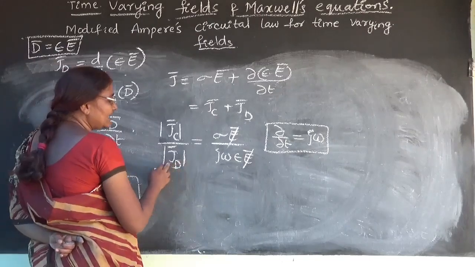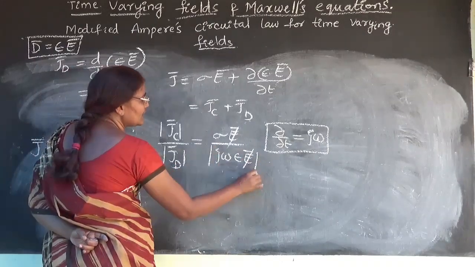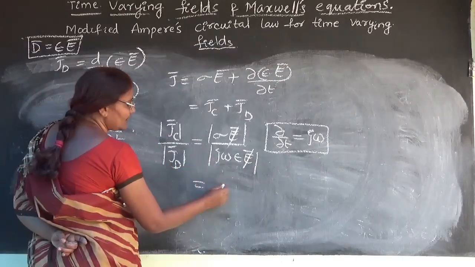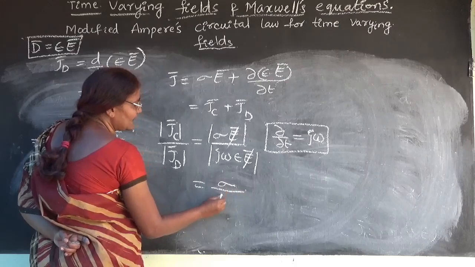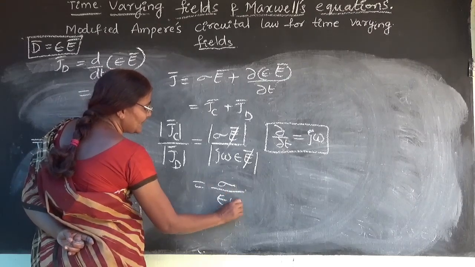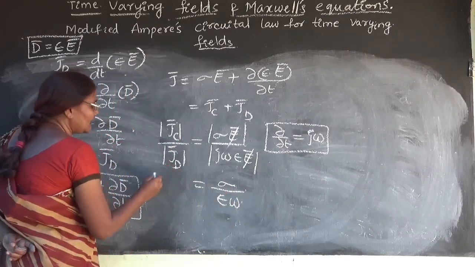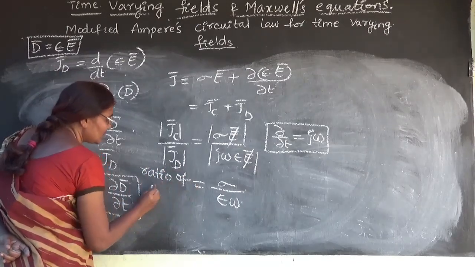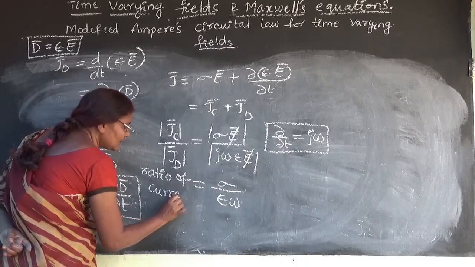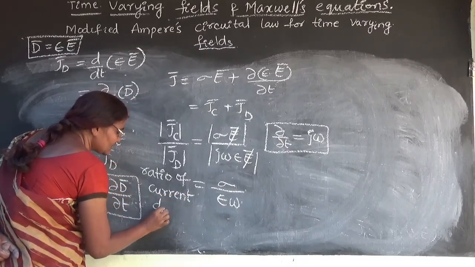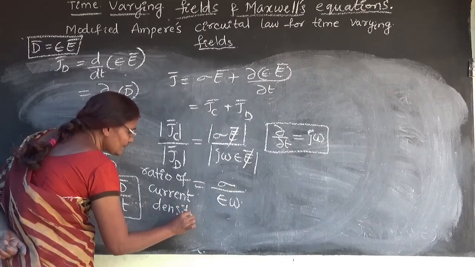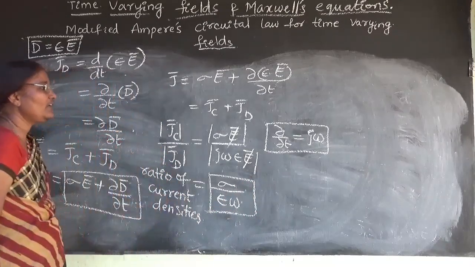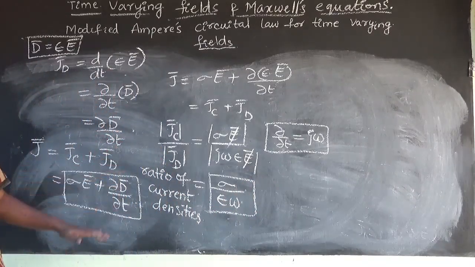And if I take the magnitude of this, then j also will be cancelled out. So sigma by epsilon omega is going to be the ratio of current densities. This is a formula, very important while we are dealing with problems.